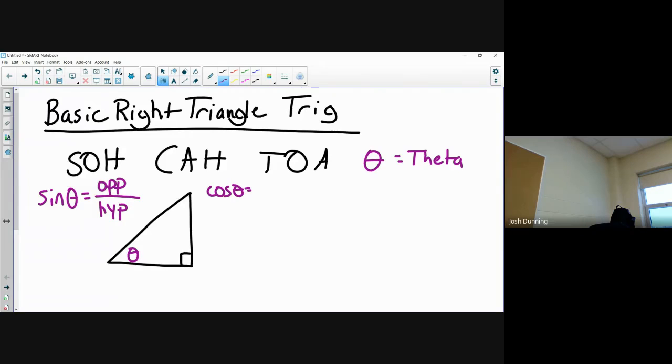Cosine is adjacent over the hypotenuse. Tangent is opposite over adjacent. So sine is O over H, opposite over hypotenuse. Cosine, adjacent over hypotenuse. Tangent, TOA, opposite over adjacent.